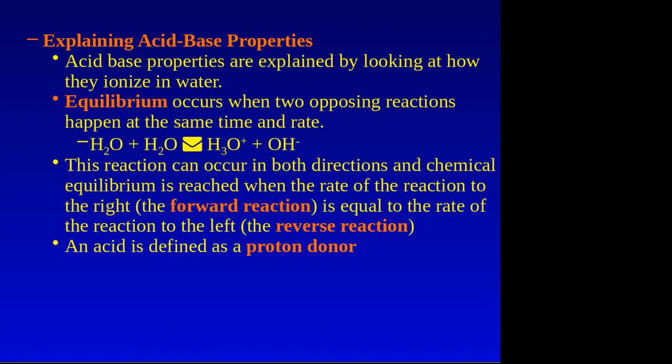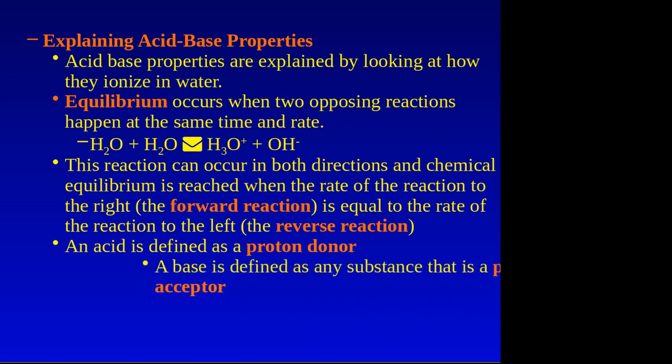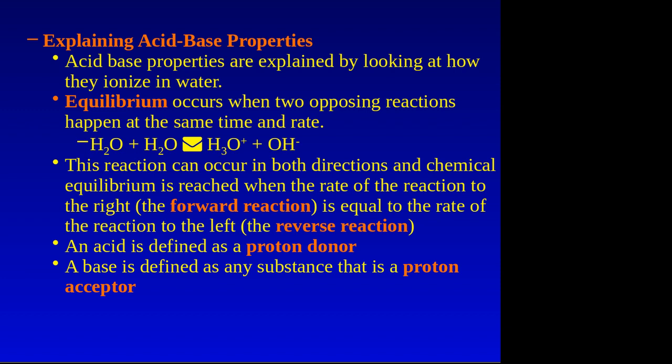And what we say is an acid donates a proton. And a proton is a hydrogen atom without an electron. So we can say it donates a positive hydrogen ion. And a base is a proton acceptor. It takes that.